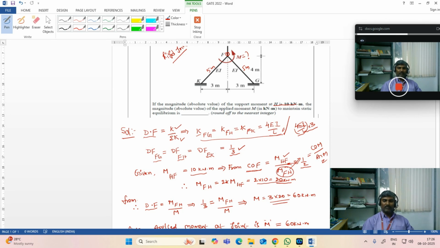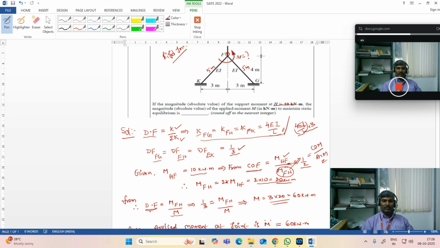Then from the distribution factor formula, not in terms of stiffness but in terms of moment shared at the joint: the moment shared by that particular member, MFH, divided by the total moment applied at the joint. That is the formula for the distribution factor, again in terms of moments.